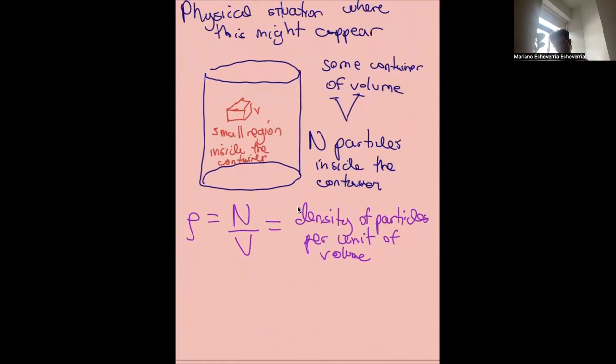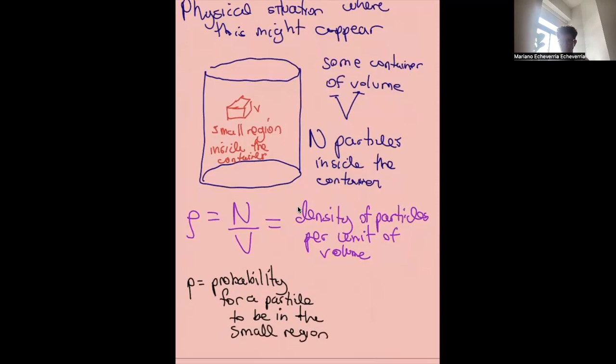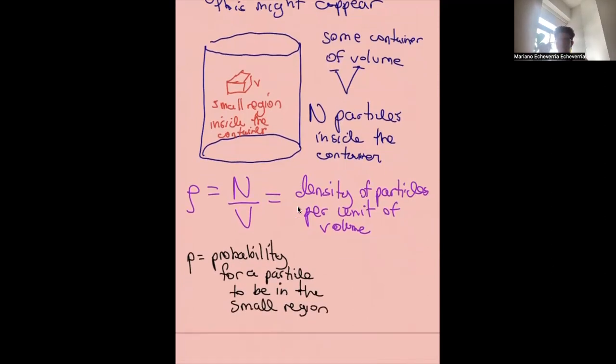If you don't know anything about this situation, what would you say is the probability that one of the particles will be inside this region? Any ideas?